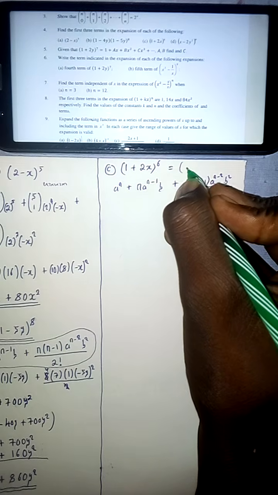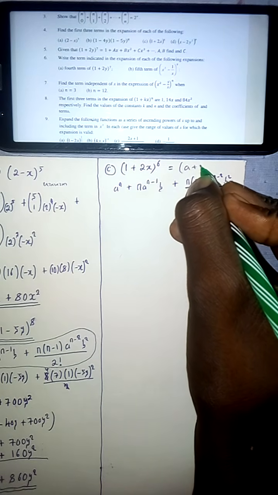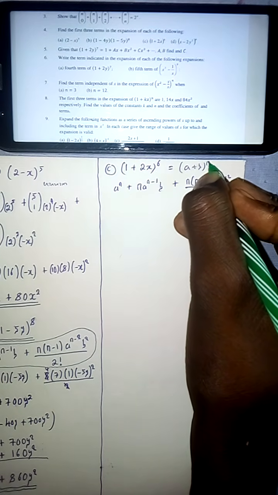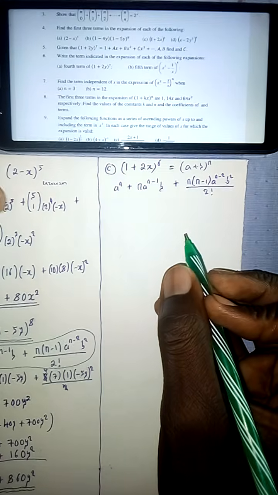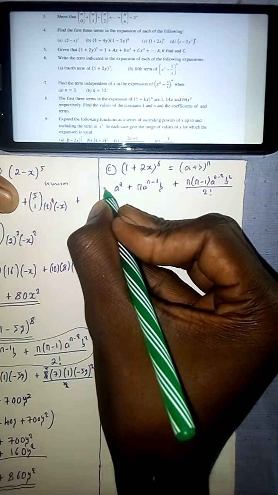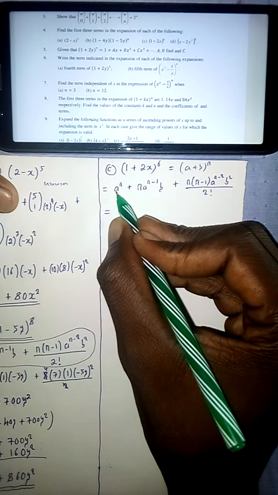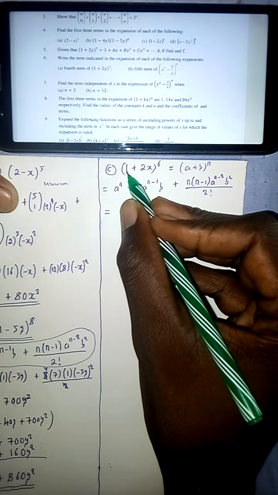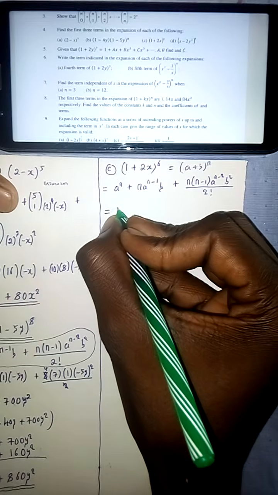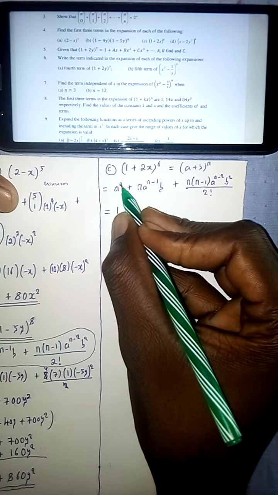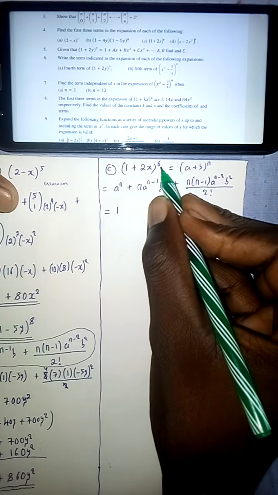Just a reminder. So a plus b to the power n, right? Yes. So what is our a? Have you seen? Our a from this part is 1. What is our n? Our n is 6.